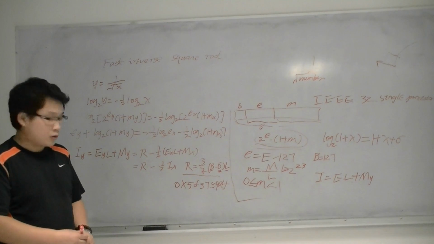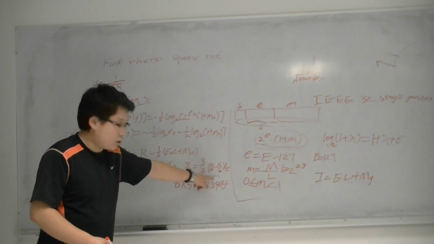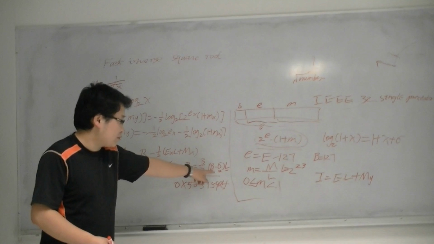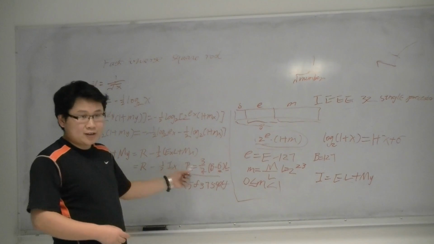And what is big R? R is this. B is the base. Just rearrange it to get this.